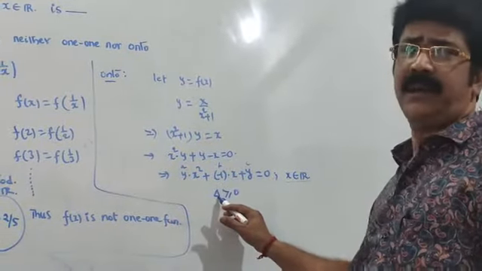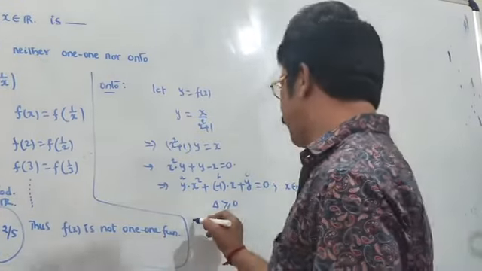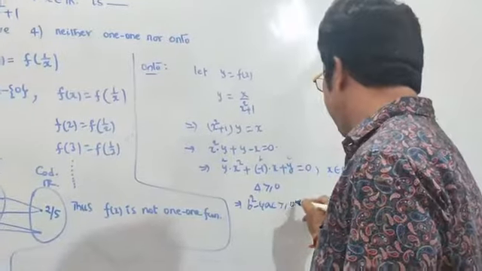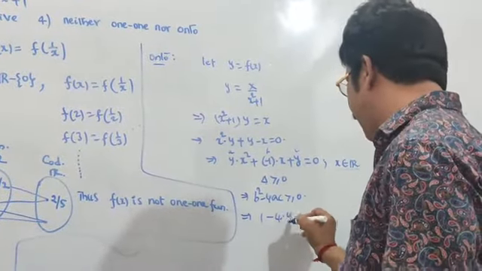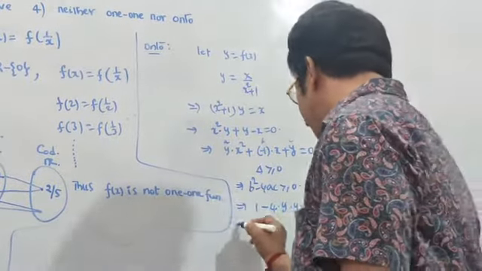Therefore, definitely the discriminant is greater than or equal to 0. Discriminant means b square minus 4ac, so 1 minus 4 y square is greater than or equal to 0.